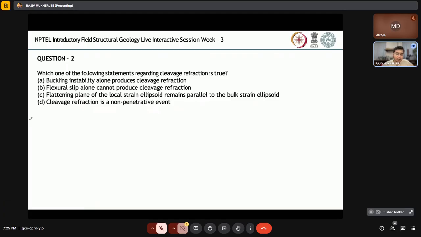Then we can have a thorough understanding of how these things happen and how they can be made useful in interpreting regional scale deformation. These are the four options, and I will pause for another minute to let you think. If you come up with an answer, you can always unmute yourself and answer. Otherwise, after a minute, we will discuss the correct answer.